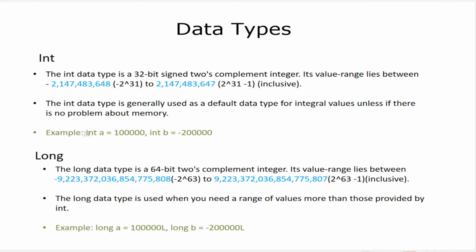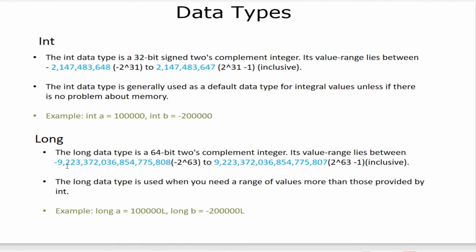If you want to declare integer, a big number, 2 million, for example, then you can do that. Then if, let's say, the range is not enough for you, then you can use long. You can see here, the range is much bigger, -2 power of 63 to 2 power of 63 minus 1 inclusive.